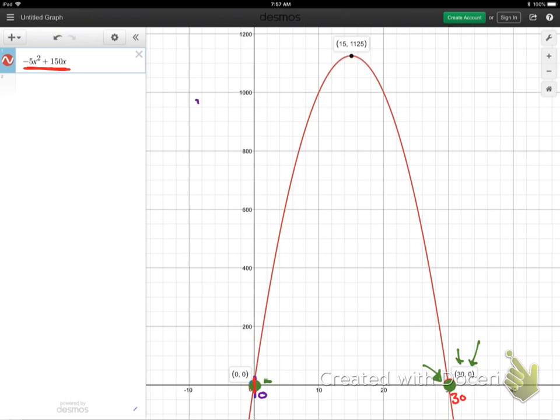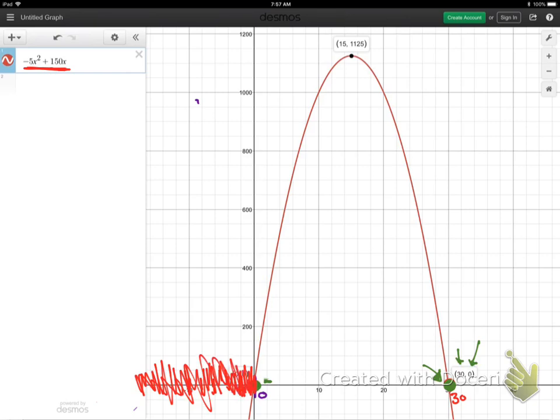So if we price it at $0, it's possible to have a $0 shirt. But if we look at -10, it's not possible to price a shirt at -$10. It's not possible to price a shirt at -2, -4, -6, -8. It doesn't make sense. You can't price a shirt at negative numbers, so we don't use any of this data here on the left-hand side of 0. We don't use any negative numbers.